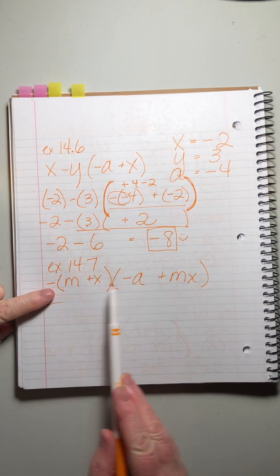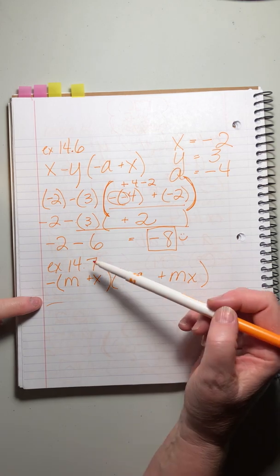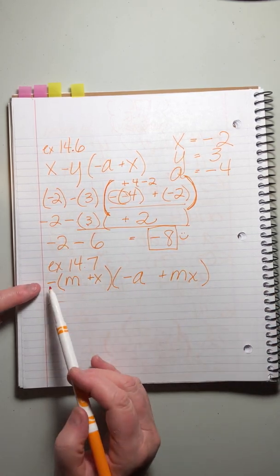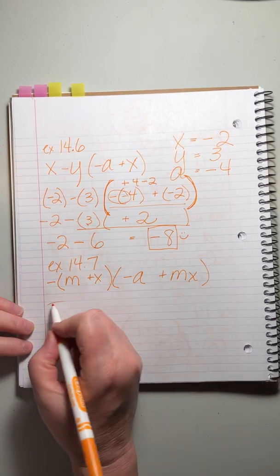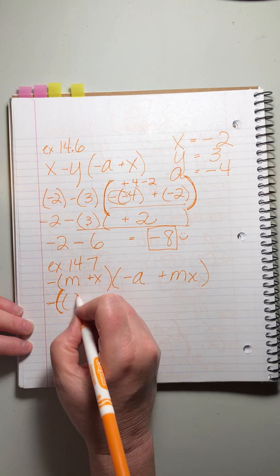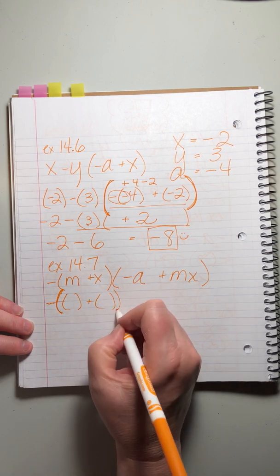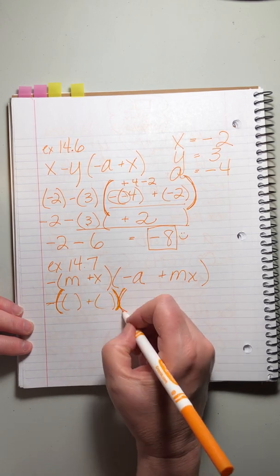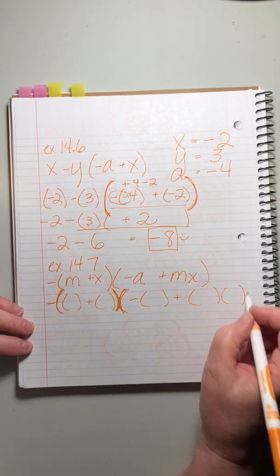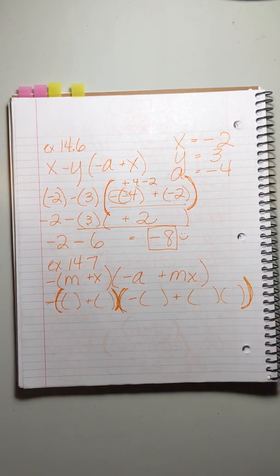I can see here we're multiplying 2 things together. So we're going to do work in parentheses, and then we will multiply and take the negative. So here I go. Big parentheses, I always make stronger. M plus X, that will be. And then the other parentheses minus a plus m times x, and there's the John's parentheses is how I think of them.